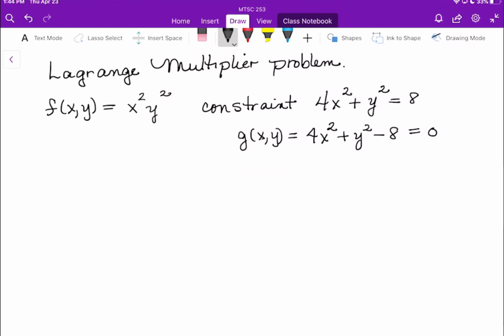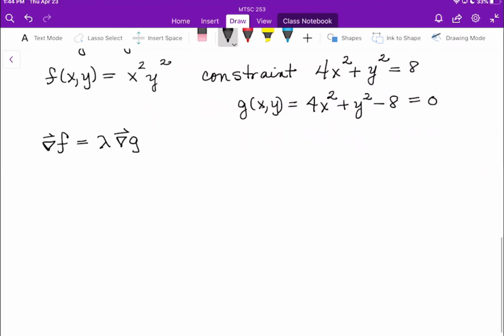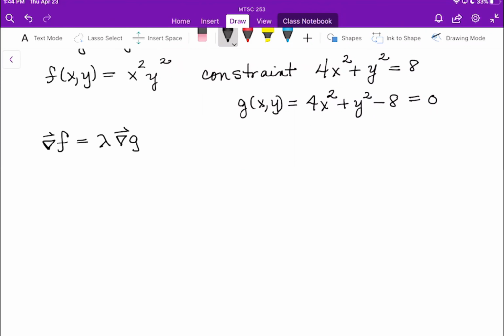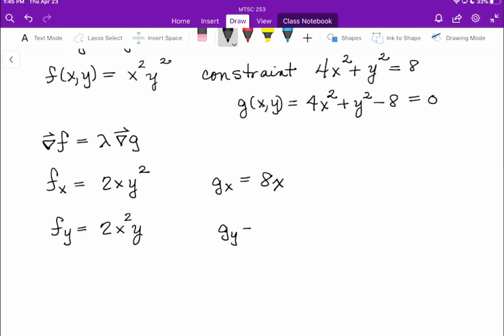So I need to find the gradient of f is lambda times the gradient of g. So the gradient of f, so f sub x is going to be 2xy squared, and f sub y is going to be 2x squared y. And then g sub x is 8x, and g sub y is 2y.